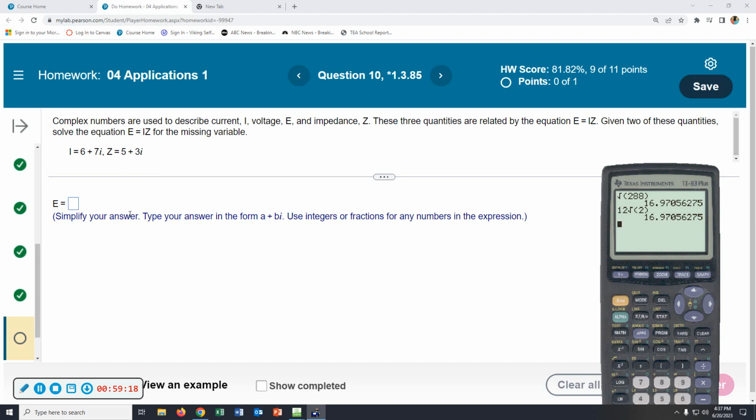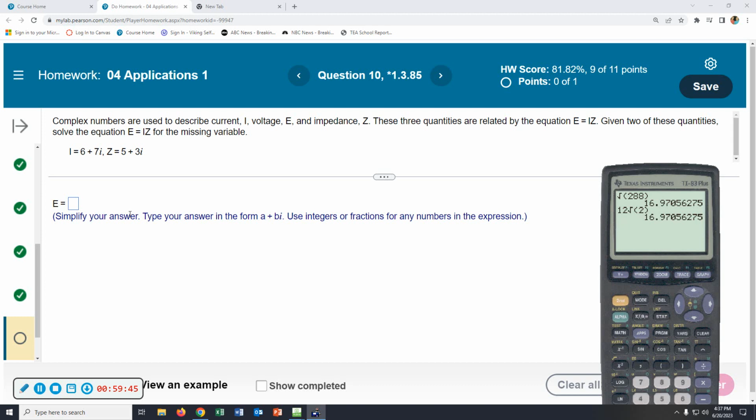So it's just 6 plus 7i times 5 plus 3i. So we've already multiplied complex numbers earlier. To multiply complex numbers, you FOIL it out.